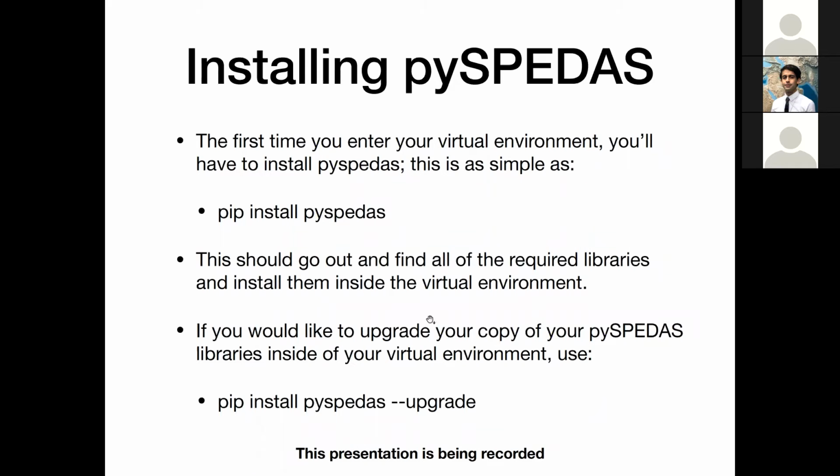And if you want to upgrade your copy of pySPEDAS inside the virtual environment, it's pip install pyspedas --upgrade. So if you do pip install pyspedas, but you already have pySPEDAS installed, it actually won't get the latest version. So you'll have to do a --upgrade to actually get the latest version.